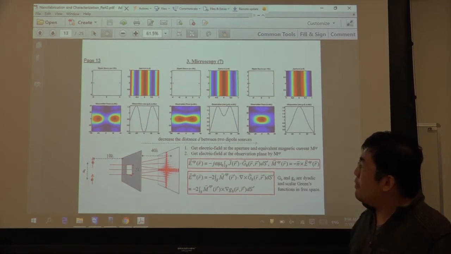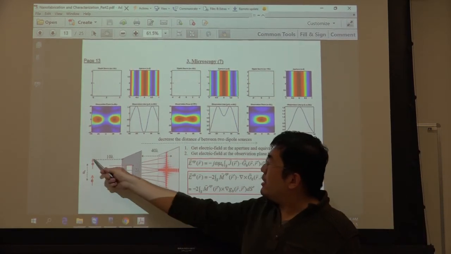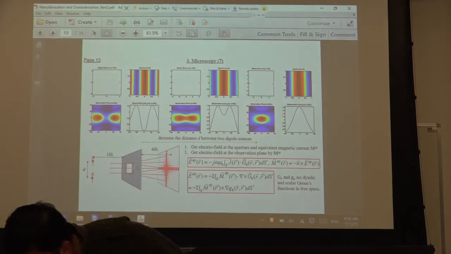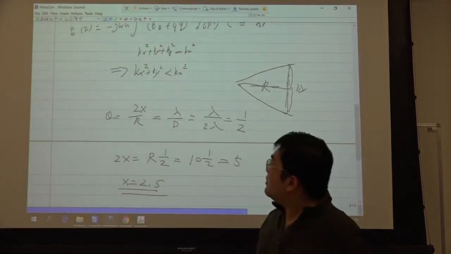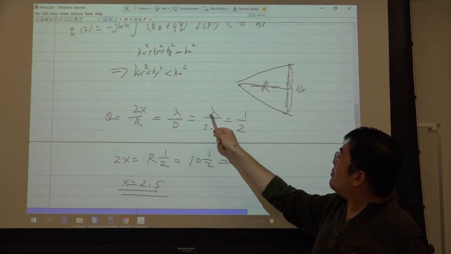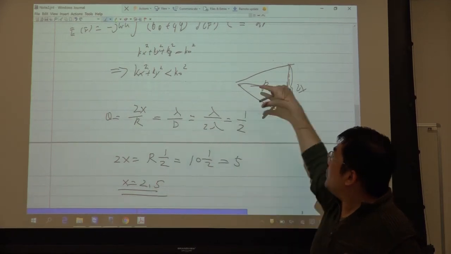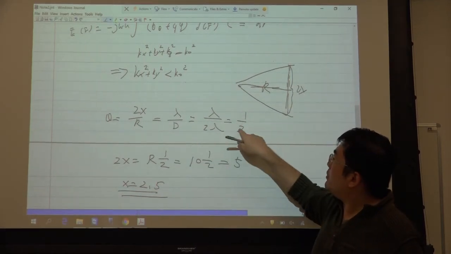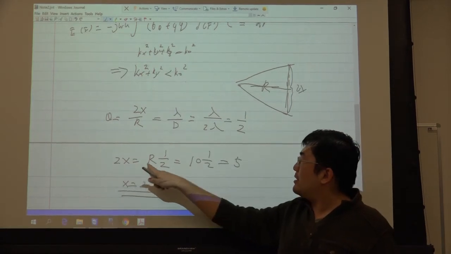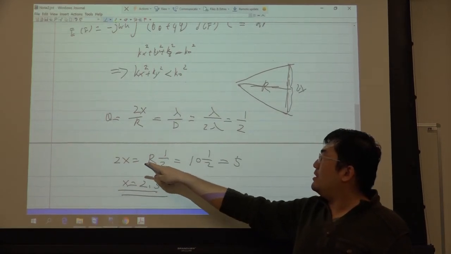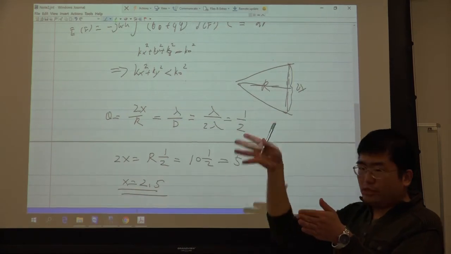The distance is very important. I say again, this is 10 lambda. This equation is very important. You can calculate that. Lambda over d, where d is the aperture size of 2 lambda, is 1 over 2. So 2x is just r over 2, where r is the distance from this dipole source to the screen.